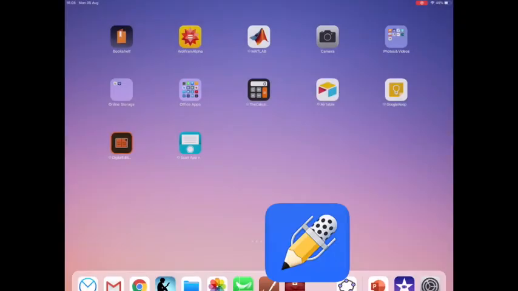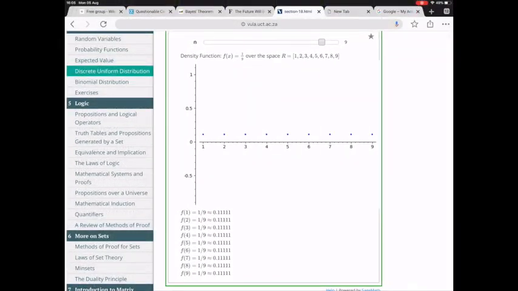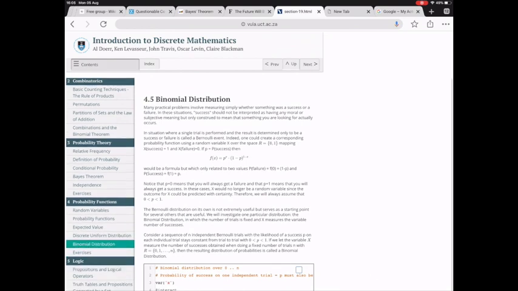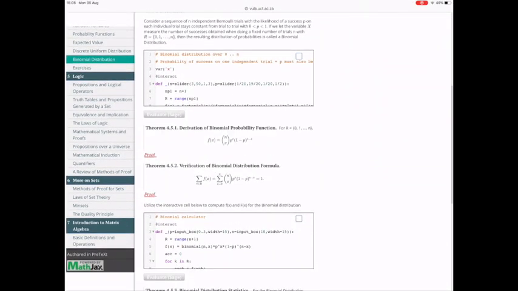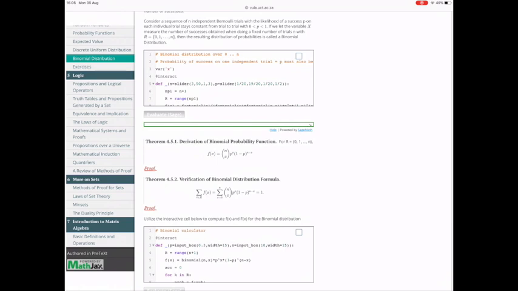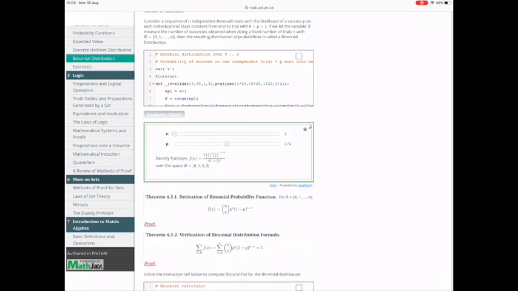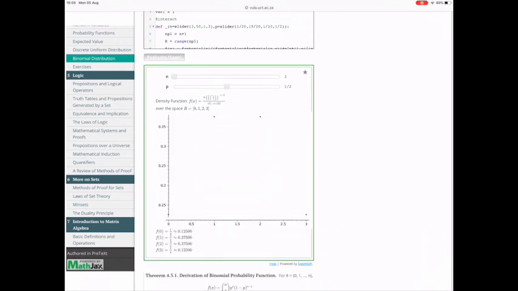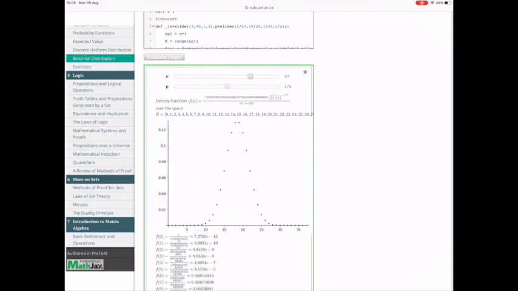Let's head over to our textbook. So if we head to the binomial distribution, let's have n of 37, and you can see that's a nice symmetric shape.